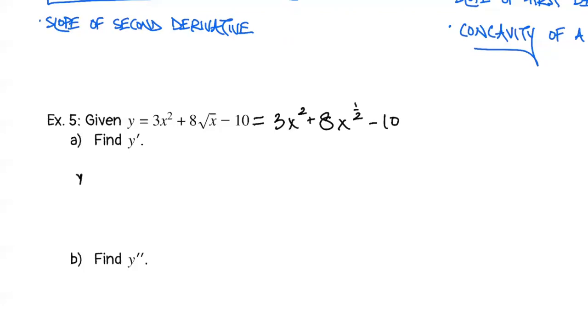And so now let's find our y prime. And we'll get, what does 3x squared become when we take that derivative? 6x. Yeah, 6x, good. Plus, we're going to get 4x to the negative 1/2. Where did that 4 come from?